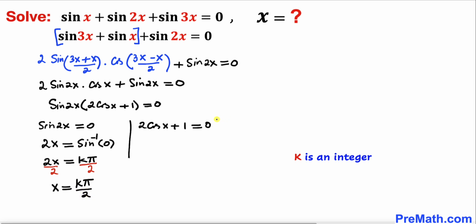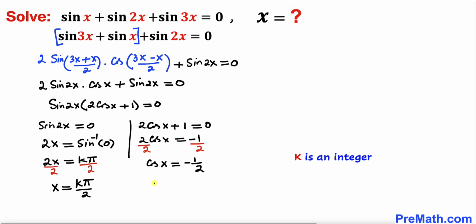Now let's focus on the equation on the right hand side. Let's move this one to the right hand side, so this can be written as 2 cosine of x equals negative 1. Let's divide both sides by 2, so cosine of x turns out to be negative 1 divided by 2.